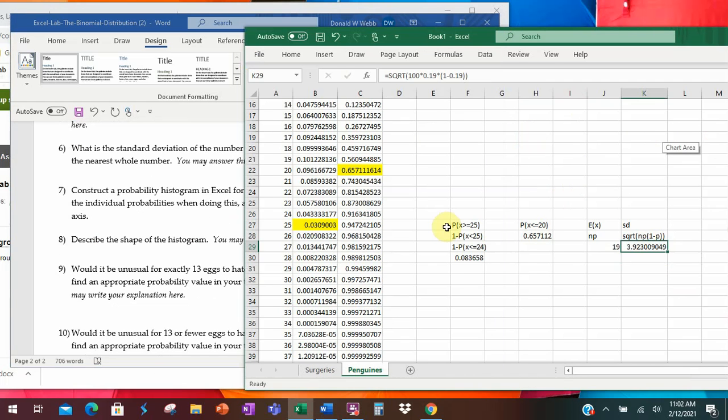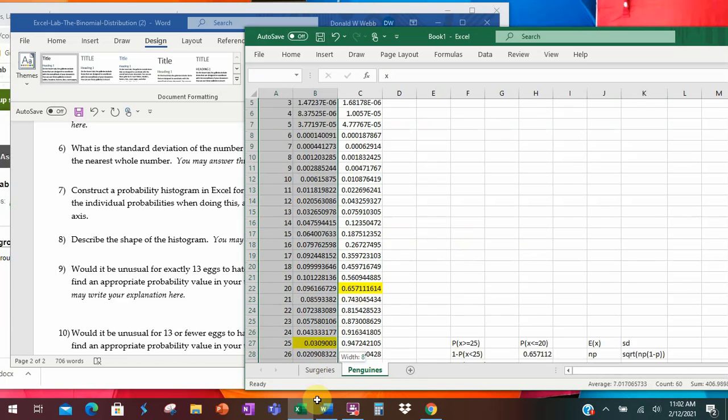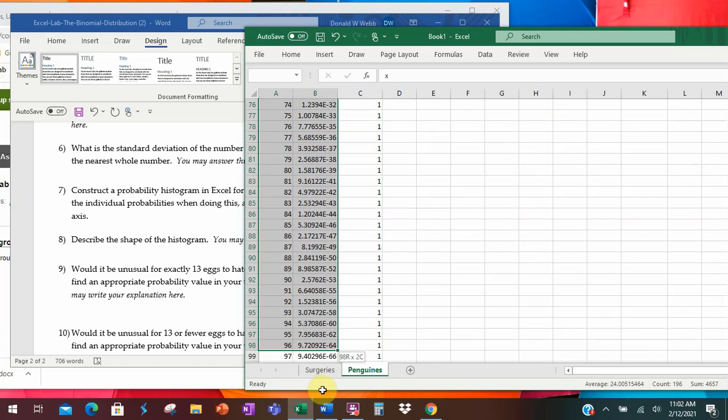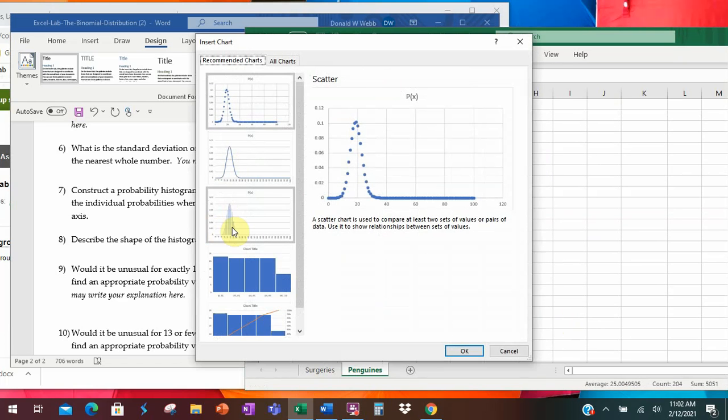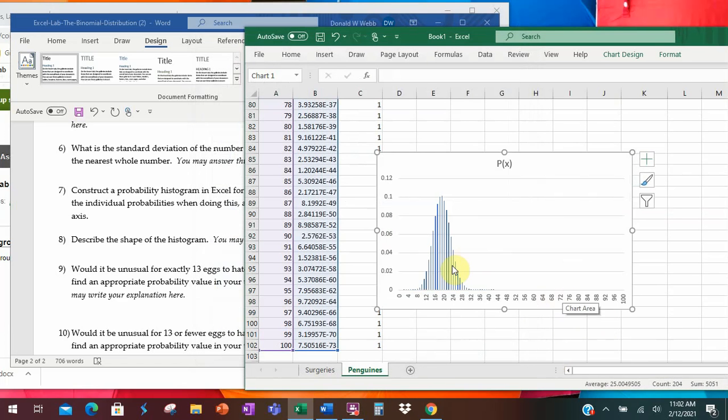Construct a probability histogram. Again, I'm just going to grab this, not for the cumulative, but for the individual probabilities, insert recommended charts. And again, I like this one down here where it's got lines up here, and that kind of gives you a good feel.